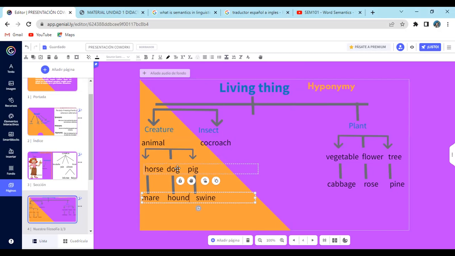But in this case, we describe the word, because semantics focuses on describing the word, the phrases in the sentence. So dog describes the word animal. Animal describes the word creature. And creature describes the word living thing.